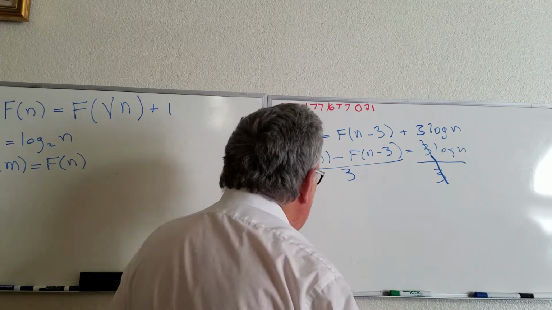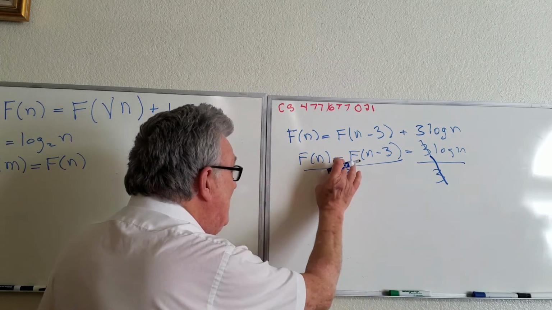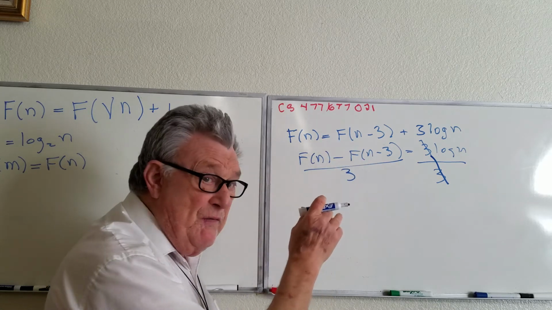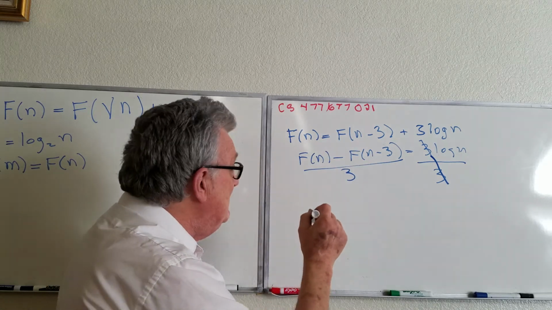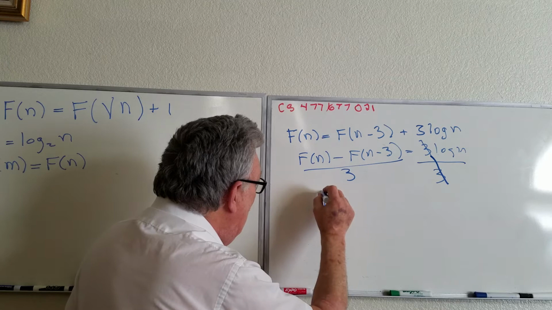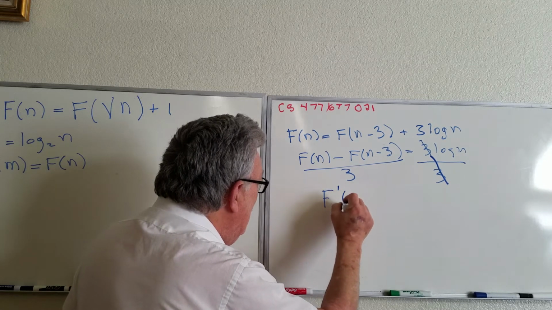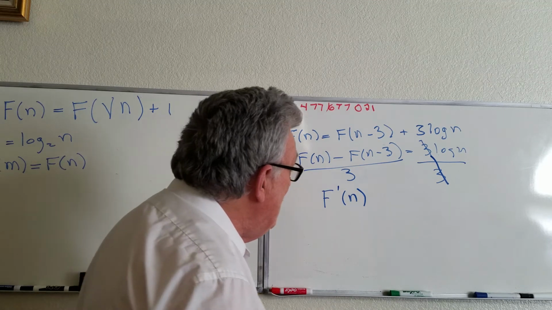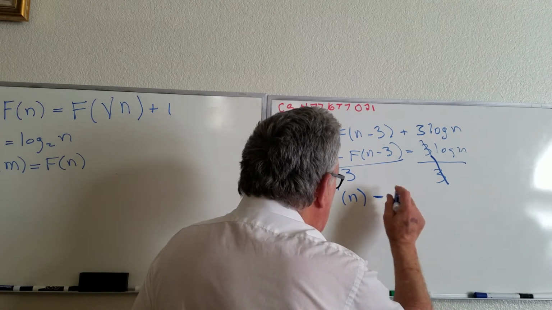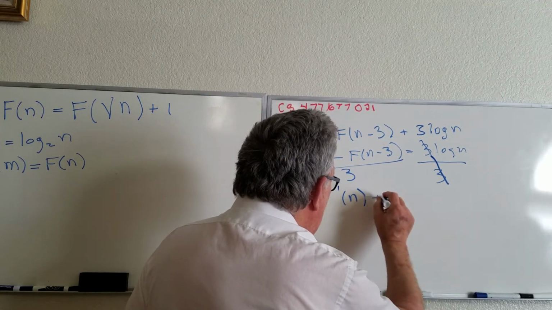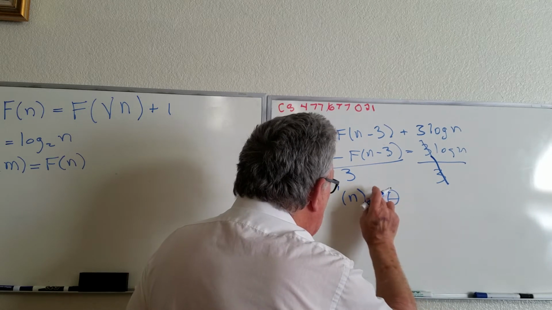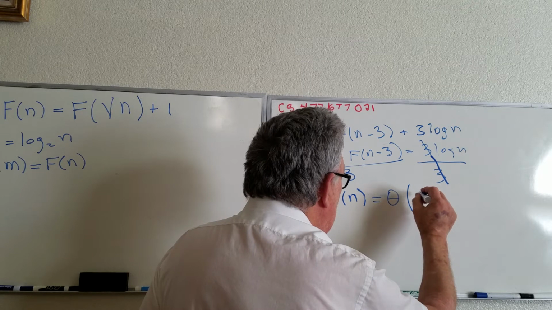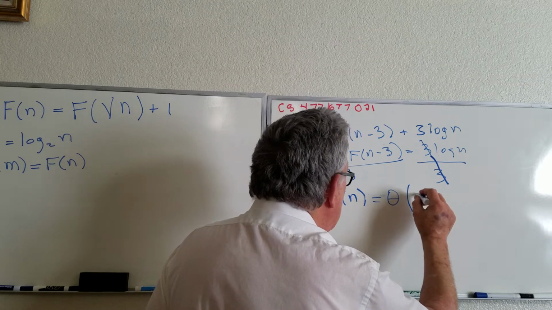That cancels this 3. But on the left side, this is a formula for an approximation of the derivative of f. Now, it's not exactly equal to the derivative of f, but we don't really care because we're doing asymptotics. So f prime of n is then theta of log n.